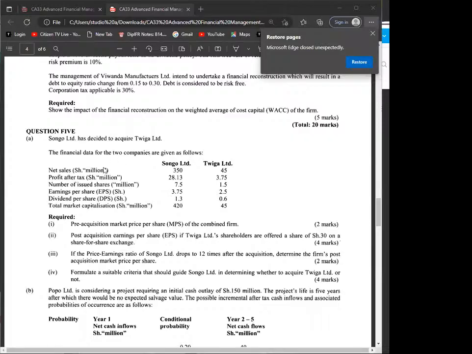We have the net sales, the profit after tax, the number of issued shares, earnings per share, dividends per share, and total market capitalization. And then number 1, they want us to give them the pre-acquisition market price per share of the combined firm. Quite confusing. It's pre-acquisition, but for the combined firm.